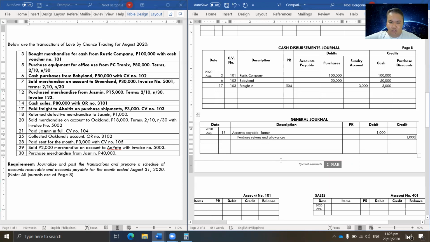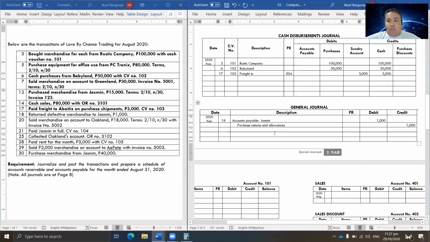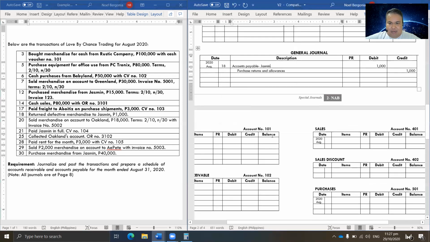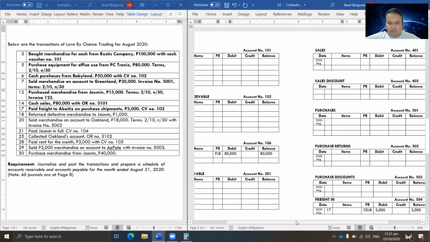Okay, so what do we need to do? Unahin natin yung accounts payable, no? Jasmine. Okay, so ito ang tatandaan ninyo, since nasa general journal tayo, we will be using the concept of the usage of general journal, wherein, since naka-debit po yung accounts payable, we need to post that immediately to the general ledger. So hanapin natin yung general ledger ng accounts payable.